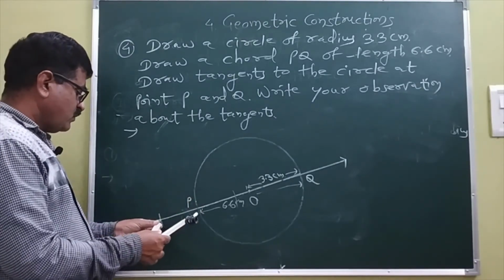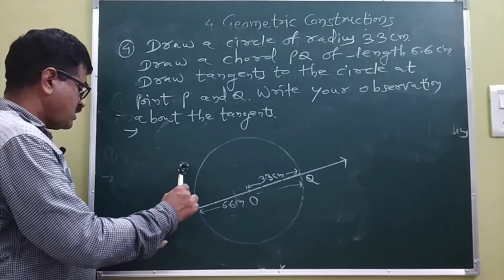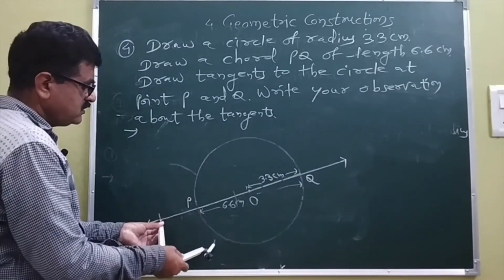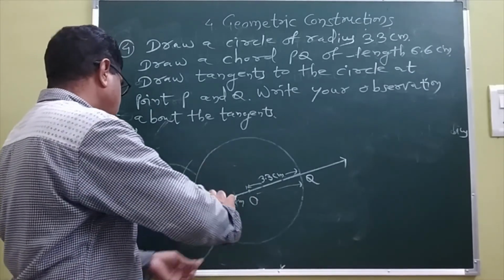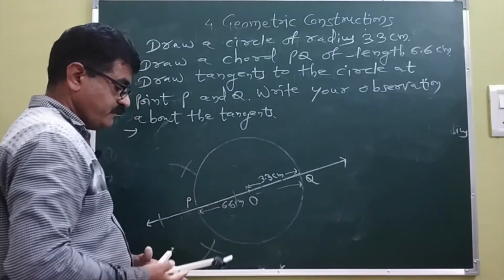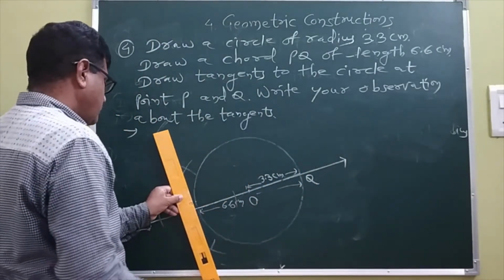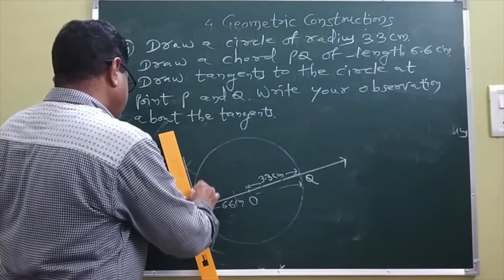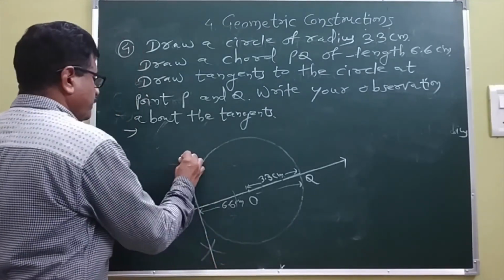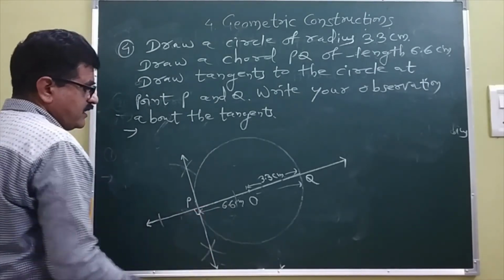Now taking more than half of this distance, draw arcs above and below. Keep one point here and draw an arc like this. Join these points, and we get a tangent passing through point P. This is a tangent. This is at a right angle.